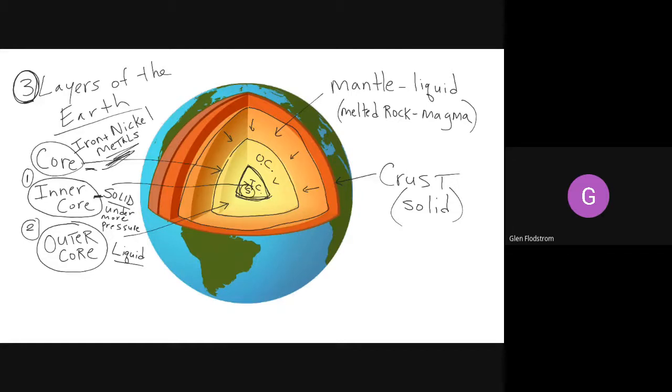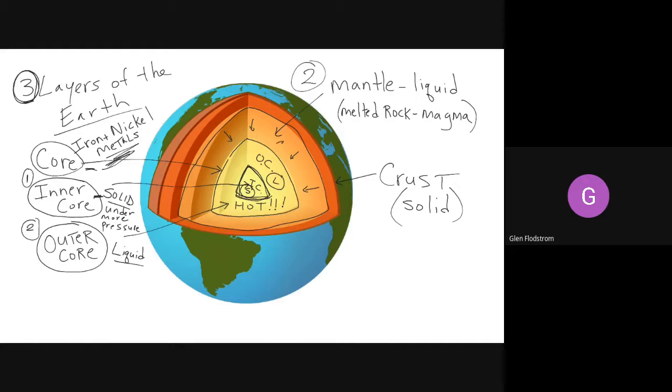The outer core is more of a metal. I will tell you about both of these, though. They're extremely hot, super, super hot. That's important. That's going to be the engine that drives the movement of the plates.